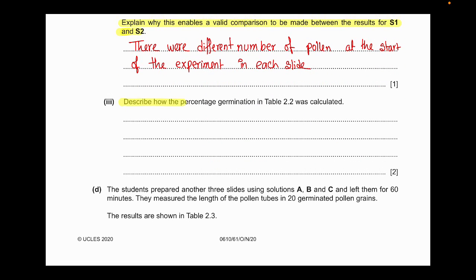Next question. Describe how the percentage germination in table 2.2 was calculated. So basically, we divided the number of germinated by the total, then multiplied by 100.